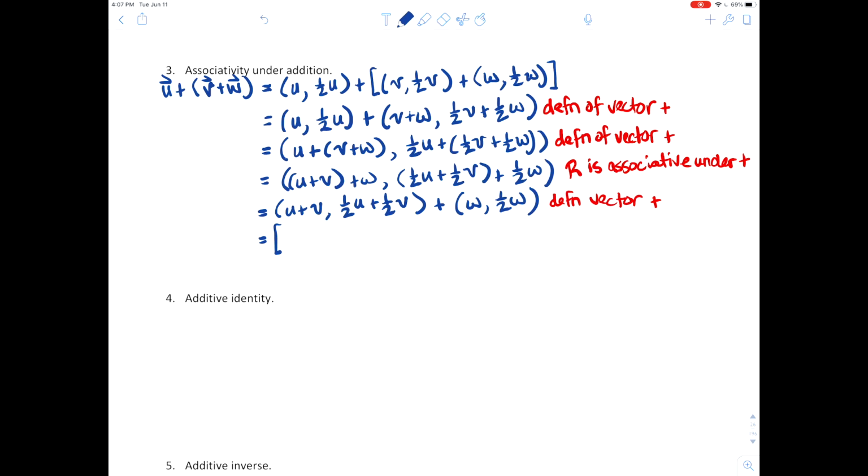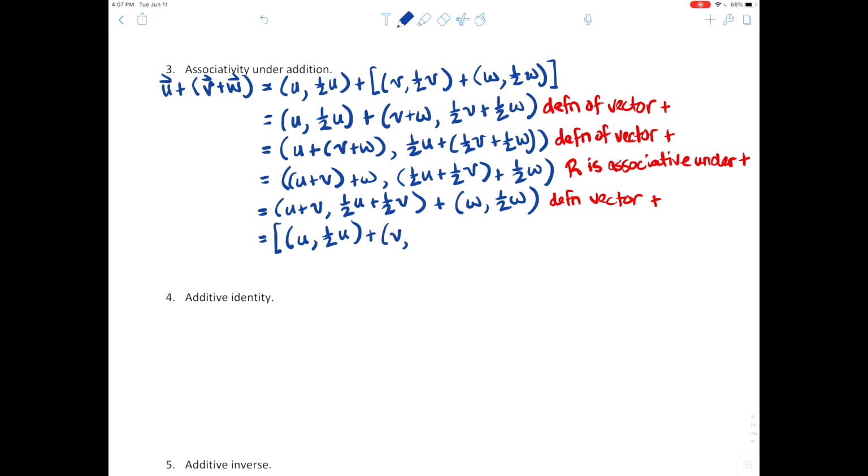So this is going to be u comma 1/2 u plus v comma 1/2 v. And then we have our w comma 1/2 w hanging out. And this again is definition of vector addition.